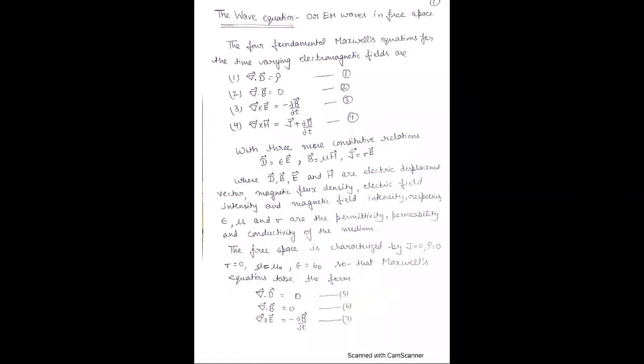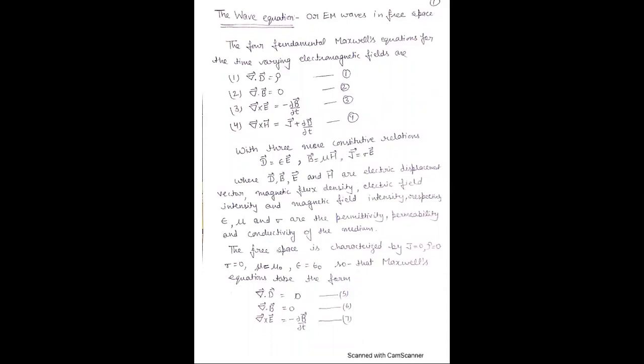In my previous lecture, I discussed EM waves, basically an introduction of electromagnetic waves, how electromagnetic waves are generated with the help of electric field and magnetic field, their properties, types of electromagnetic waves and their applications.